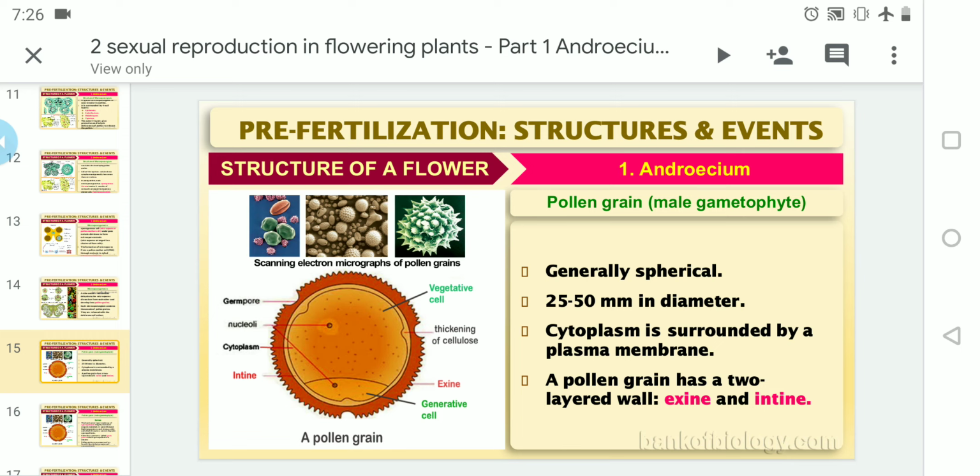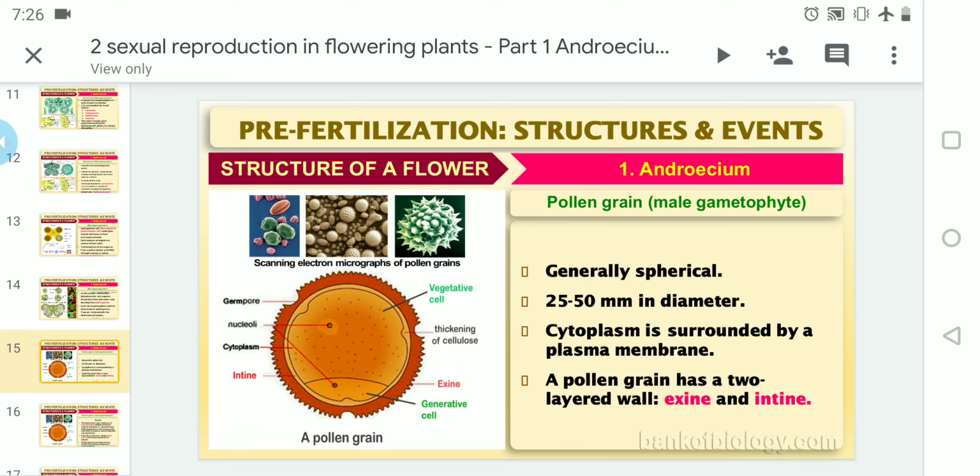So let us discuss the structure of a pollen grain. Keenly observe the structure of a pollen grain. Here they have given the model structure.